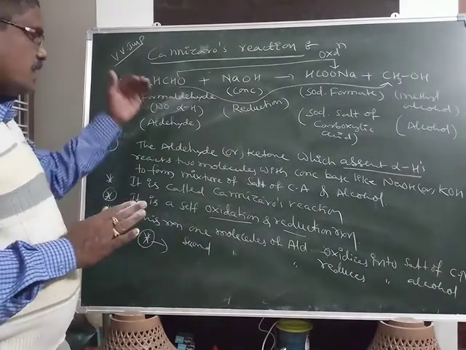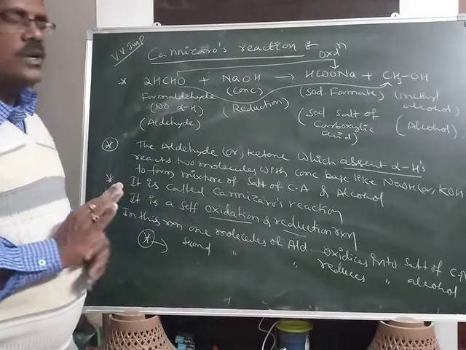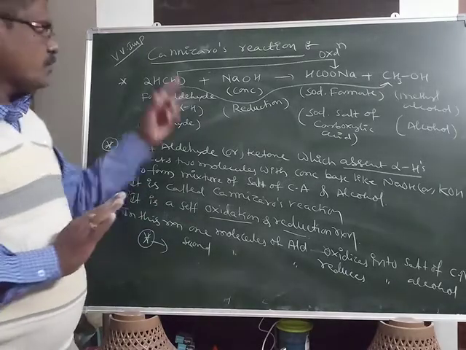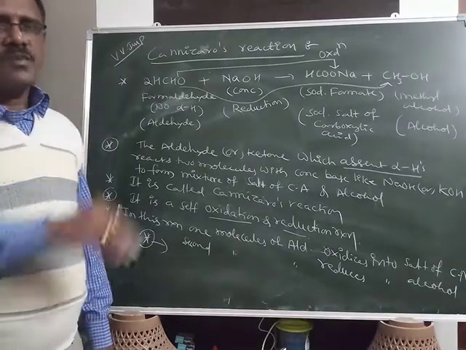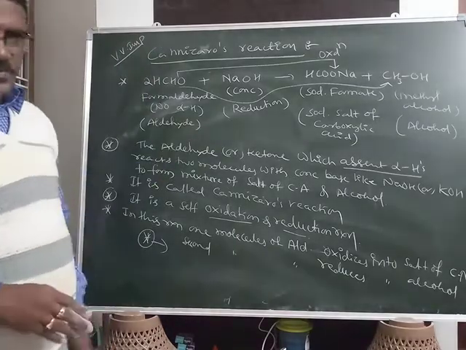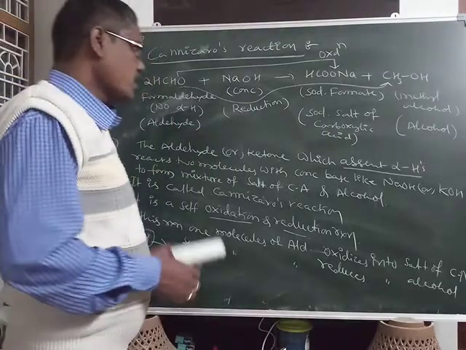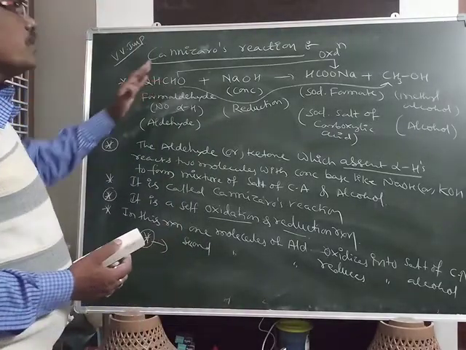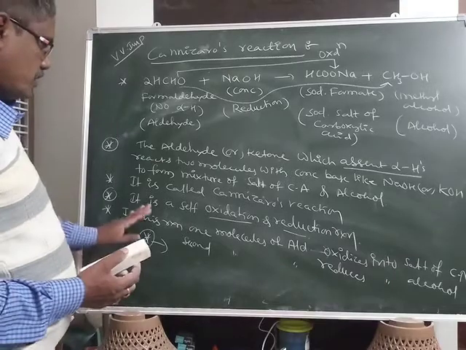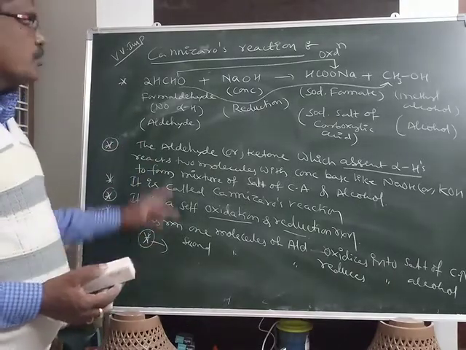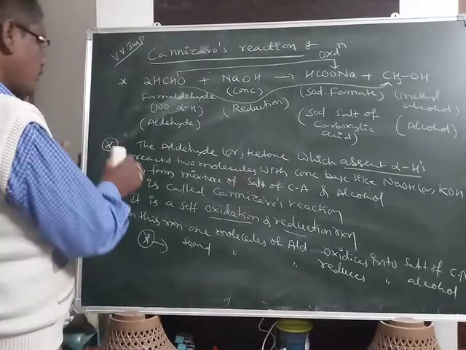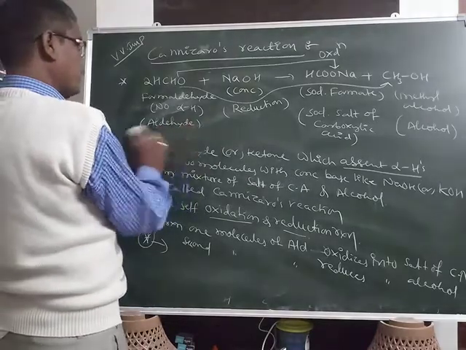That's why in the examples we can take only aldehydes as the example for the Cannizzaro reaction. Some cases ketones are also involved, and that is a different phenomenon. Now I am taking the mechanism of this reaction. So this is the statement and important points about the Cannizzaro reaction. After this one, what is the mechanism?